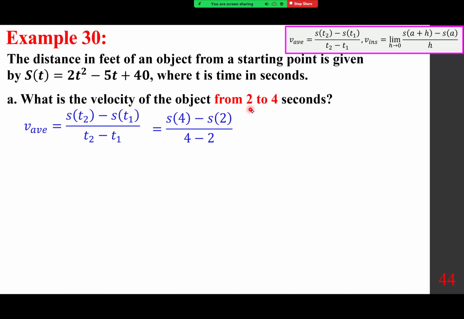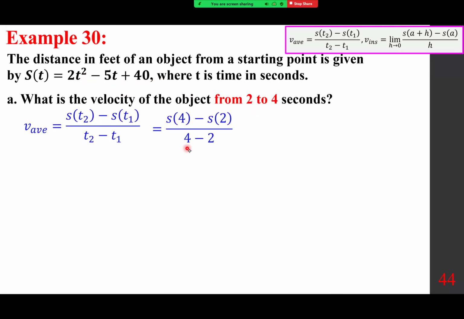Which means you plug in 4, 2 times 4 squared minus 5 times 4 plus 40, you evaluate it, minus you plug in 2 and evaluate it, 2 times 2 squared minus 5 times 2 plus 40.